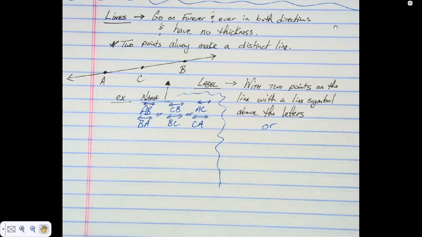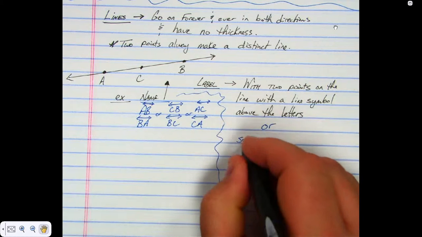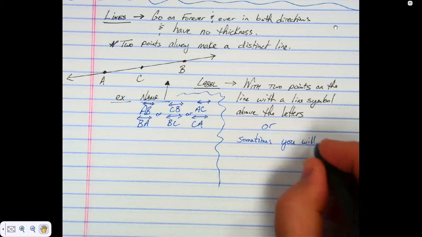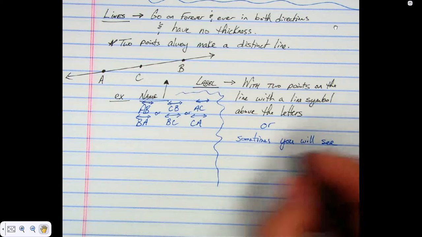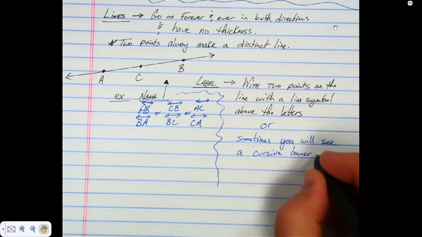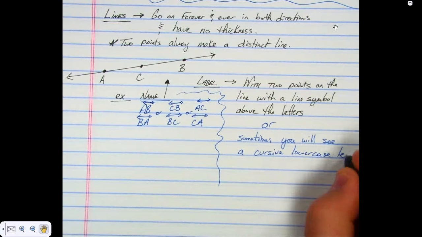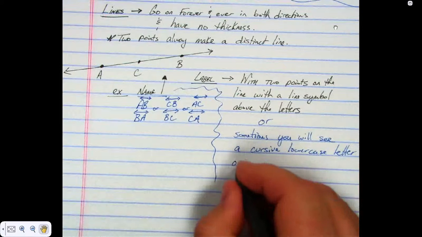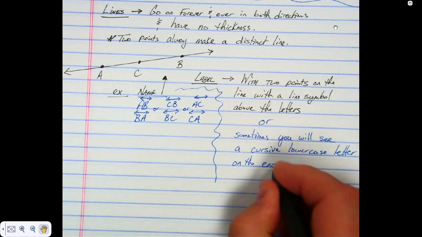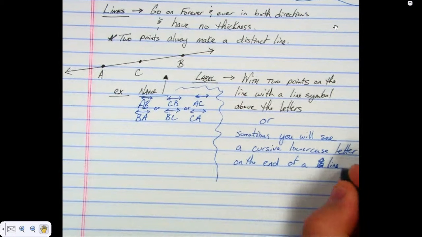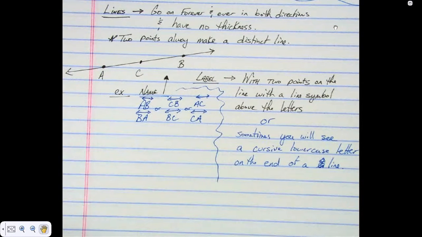Believe it or not, though, there is another way to name a line. Now, I didn't have it written here, but sometimes you will see a cursive lowercase letter on the end of a line. They don't have to always be on the end, but somewhere around the line.